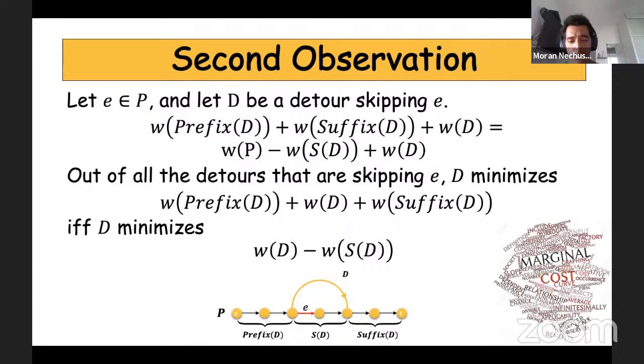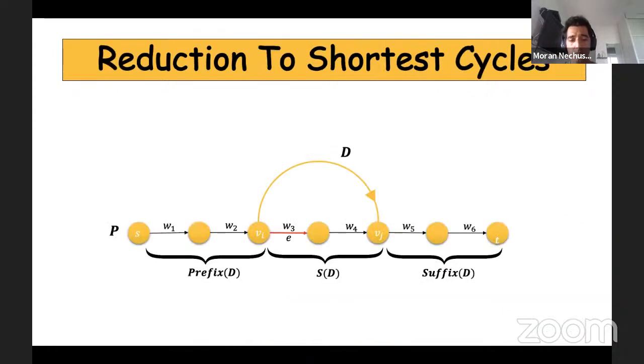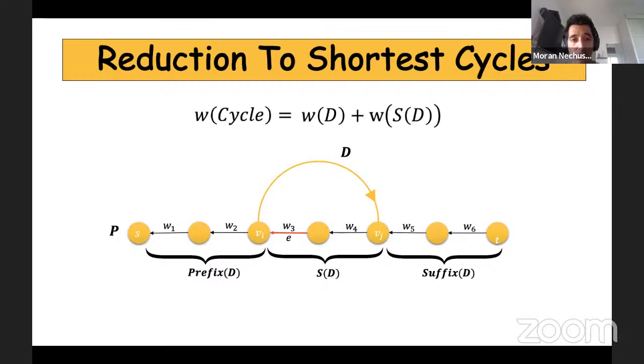So if we combine the two observations together, then we can replace every edge with a new edge in the other direction, and also negate the weight of every edge in the path. And then the weight of the cycle becomes what we are actually trying to minimize.